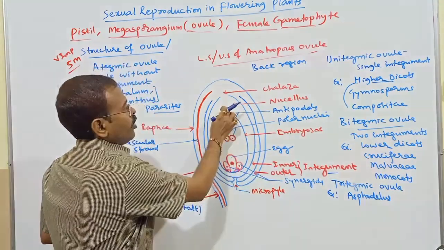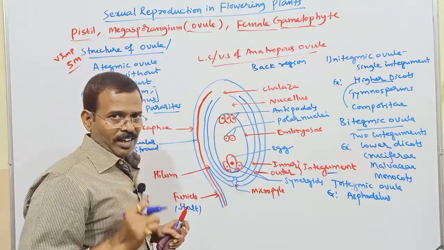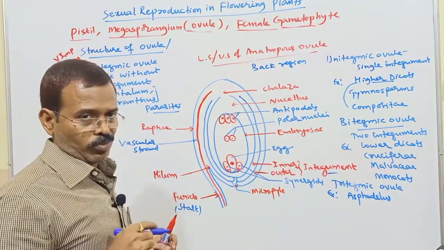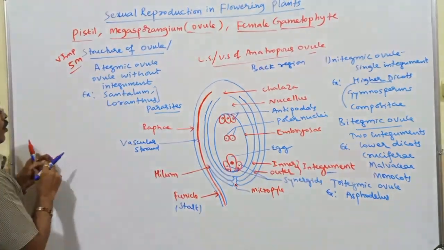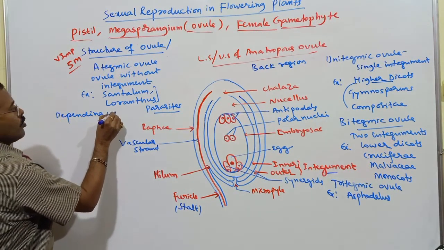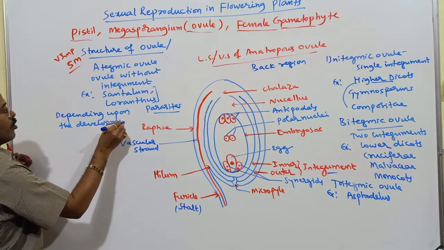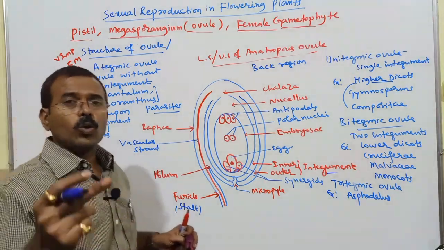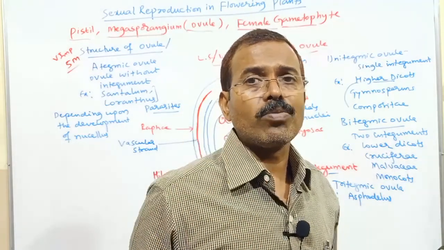Now the main body of the ovule, the bulk portion, is mainly the nucellus. We learned the characters of the nucellus. Depending on the development of the nucellus, we have two types of ovule.